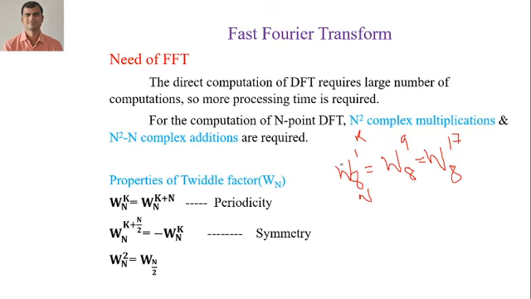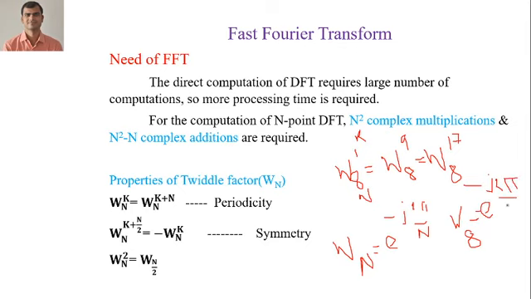So how to calculate the value of W8 to the power 1? We know WN is known as the twiddle factor, which is equal to e raised to minus j 2 pi by N. That is the value of the twiddle factor. Now here we need to put the value of N. I have considered the value of N as 8. So W8 is equal to e raised to minus j 2 pi divided by 8, so it becomes e raised to minus j pi by 4.